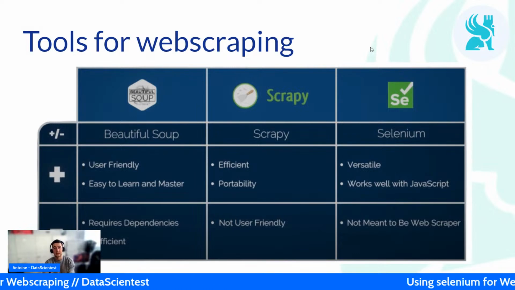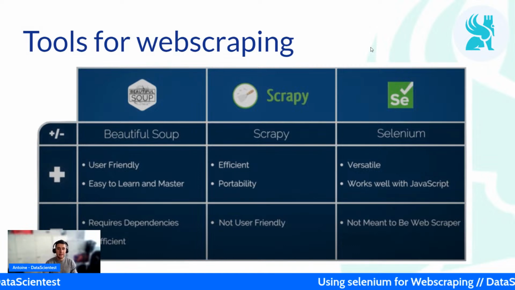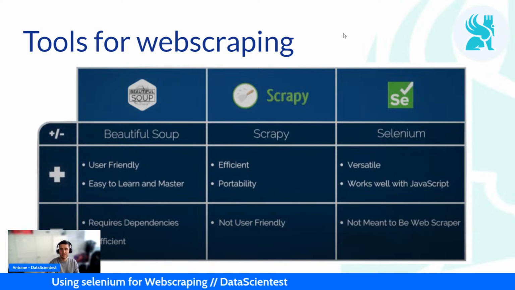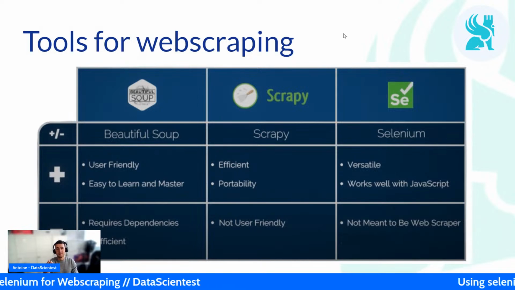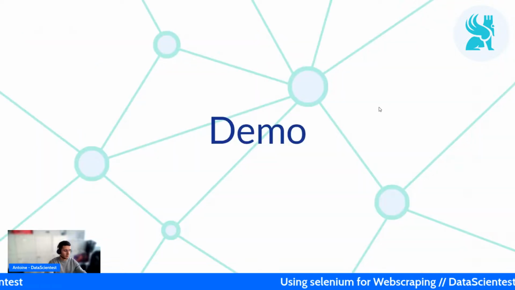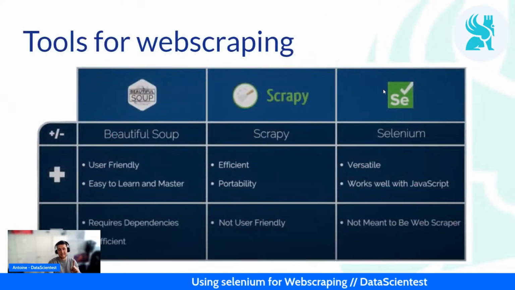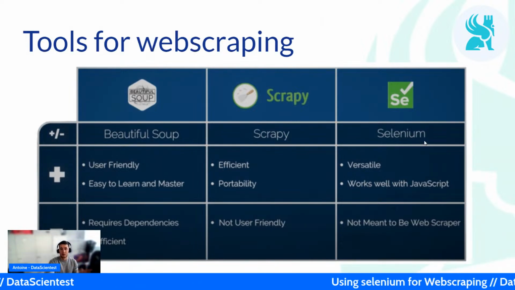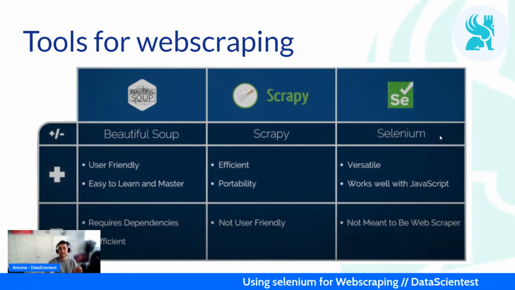But we can also use it for web scraping because we can go on a website, enter our names or credentials, and get the information from this website. The last very good advantage of Selenium is that it works well with JavaScript code. It is the huge difference between Selenium and BeautifulSoup.